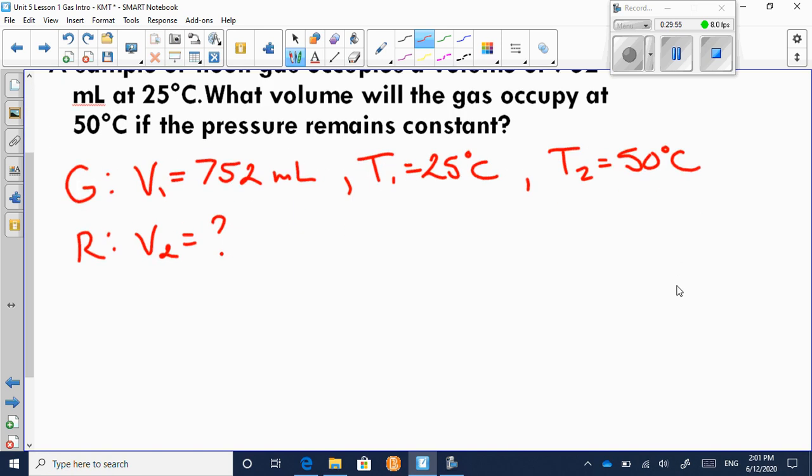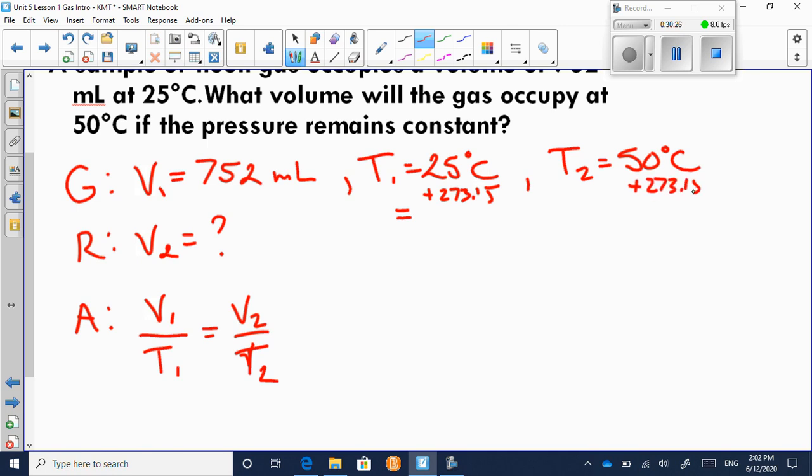Okay, well, the relationship between volume and temperature is Charles's law. V1 over T1 is equal to V2 over T2. Okay, but before I can sub and solve, I've got to change my temperatures to Kelvin. So I add 273.15 to both of these, because I have to use a temperature that has a 0 as its absolute minimum.